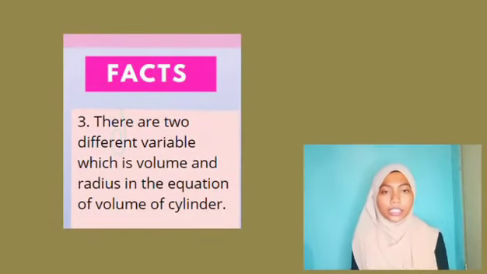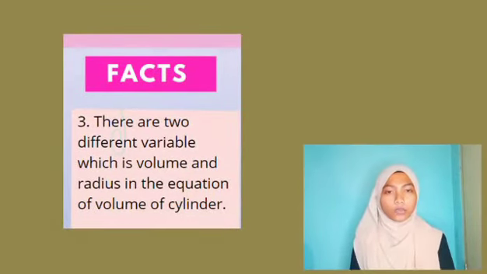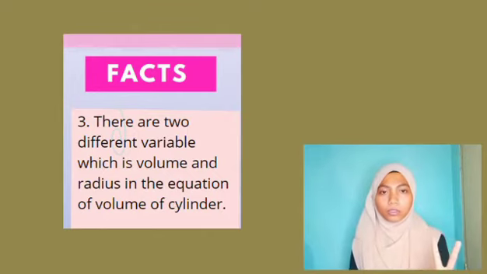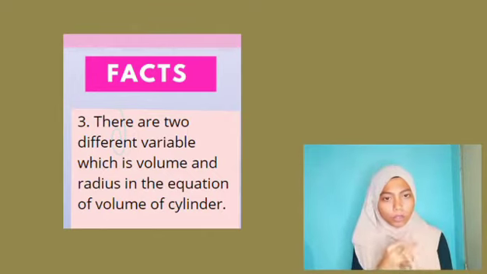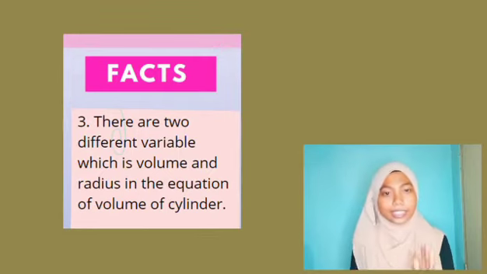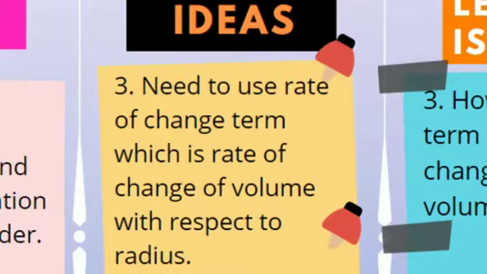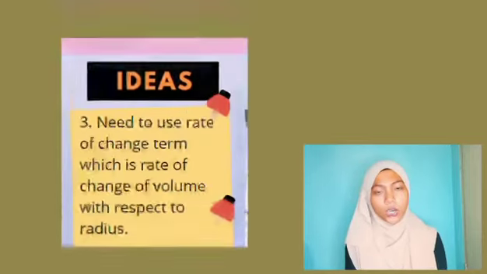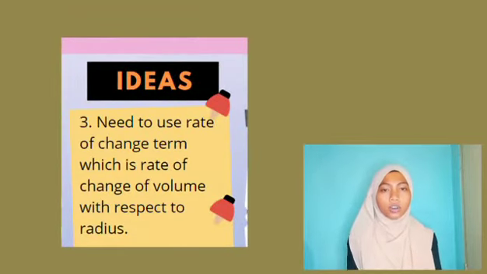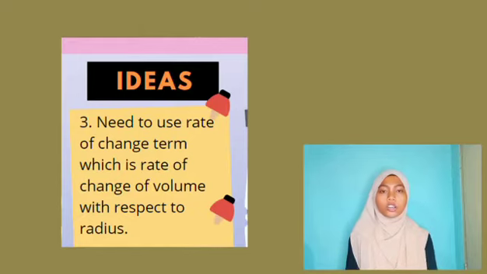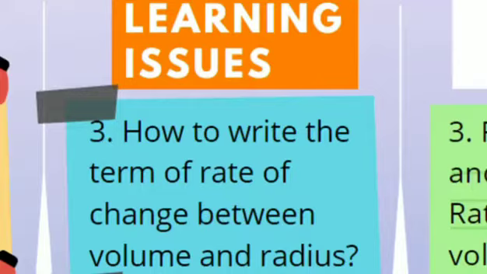So the third fact is there are two different variables, which is volume and radius, inside the equation of volume of cylinder. So the idea would be we need to use the rate of change term, which is rate of change of volume with respect to radius.